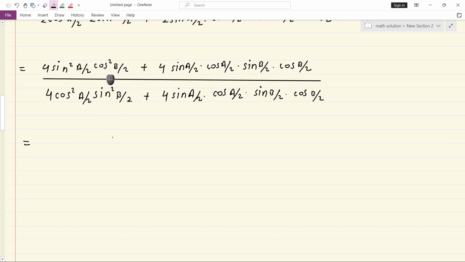Equals to, now we are going to take the common here, so the common will be sin A/2 cos B/2.